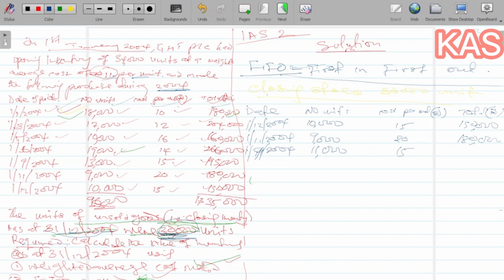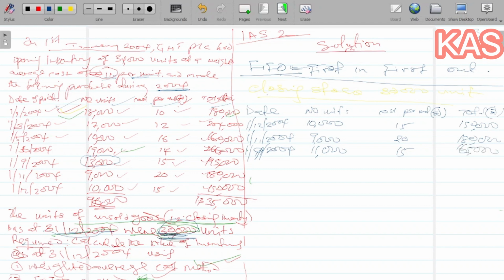In September we have 13,000 units, but we will not pick all 13,000, because the question says 30,000 units is our closing inventory. So now we multiply 11,000 by 15, and we have 165,000. Please confirm the figure.